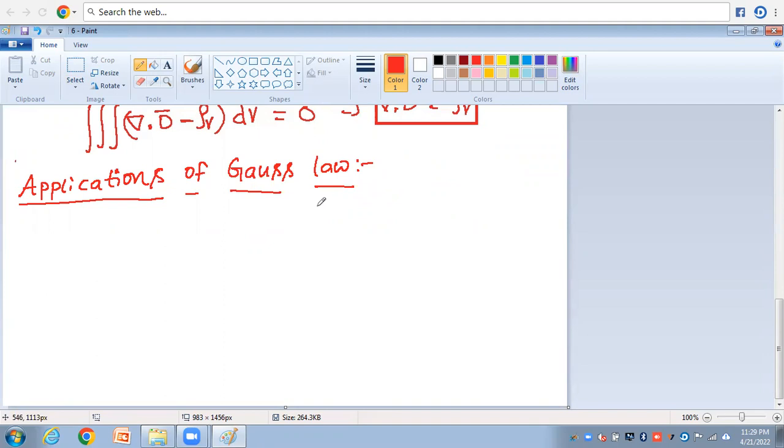Applying Gauss law to calculate the electric field involves first knowing whether symmetry exists or not. Once a symmetric charge distribution exists, we construct a mathematical closed surface with respect to dS, the surface or area.